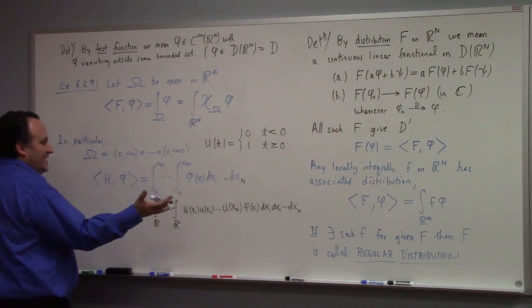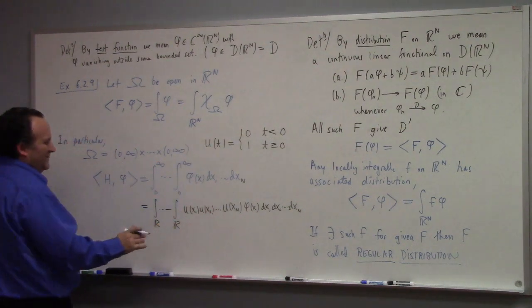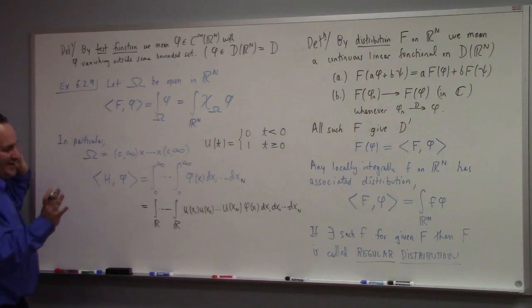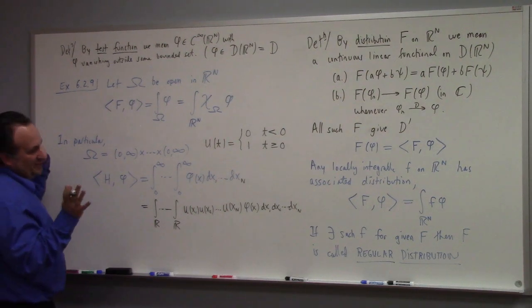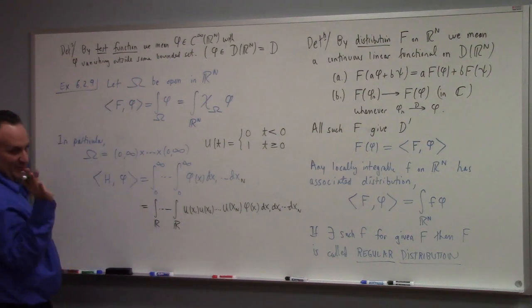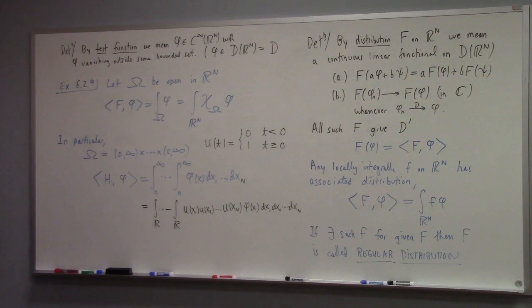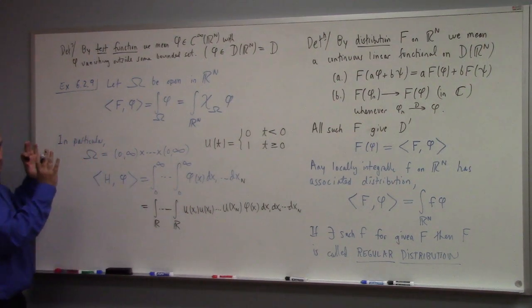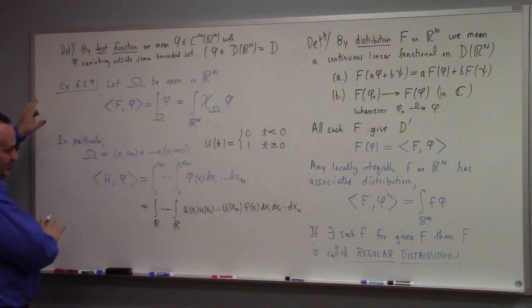But this is essentially playing the game of unit step functions, but in n dimensions. This thing is 1 where all of the coordinates are positive, and it's 0 anywhere else. So in 3 dimensions, it's 1 in the first octant, and it's 0 in the other 7 of them. In the plane, this thing is 1 in quadrant 1, and it's 0 in quadrants 2, 3, and 4.